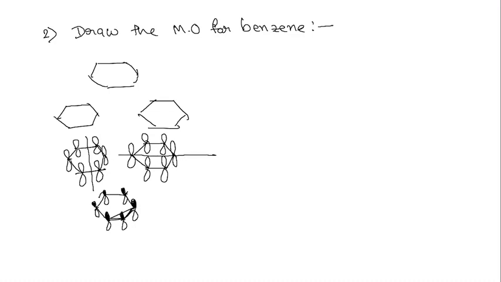Only one node we need. These are the same sign. As there is a node, it will change the sign. So as they are in the nodal plane, they don't have any sign.